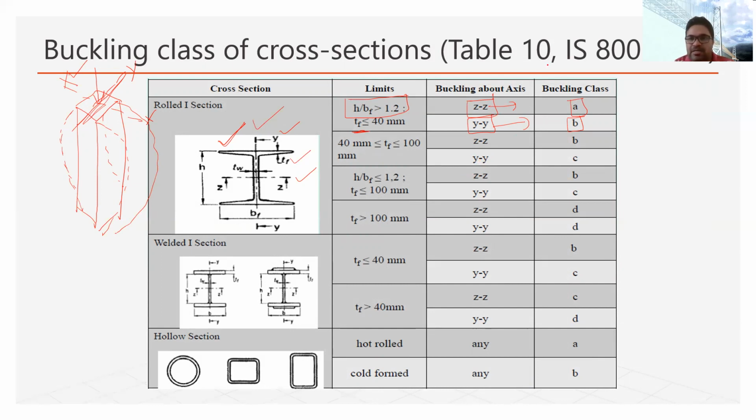This table is given in the IS code. From Table 10 we can find out which class any section belongs to, whether it is an angle section, I section or C section.